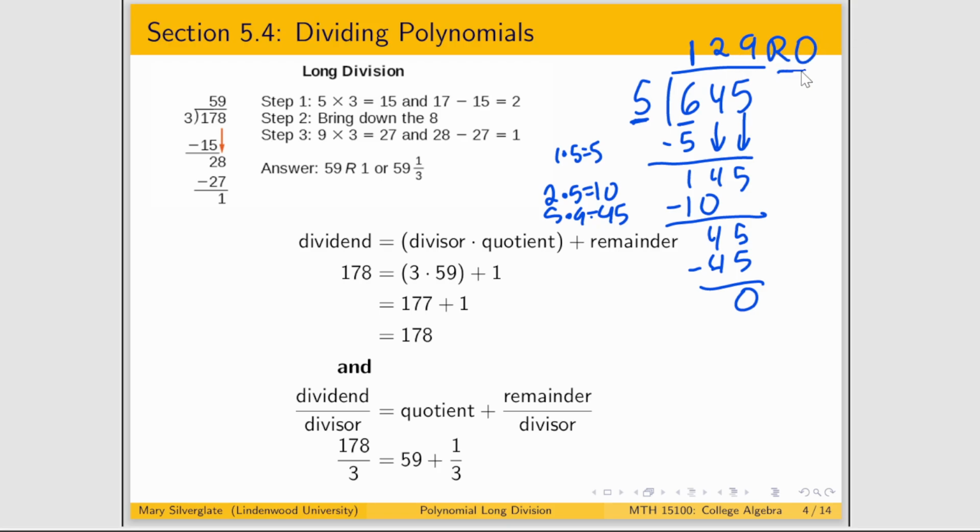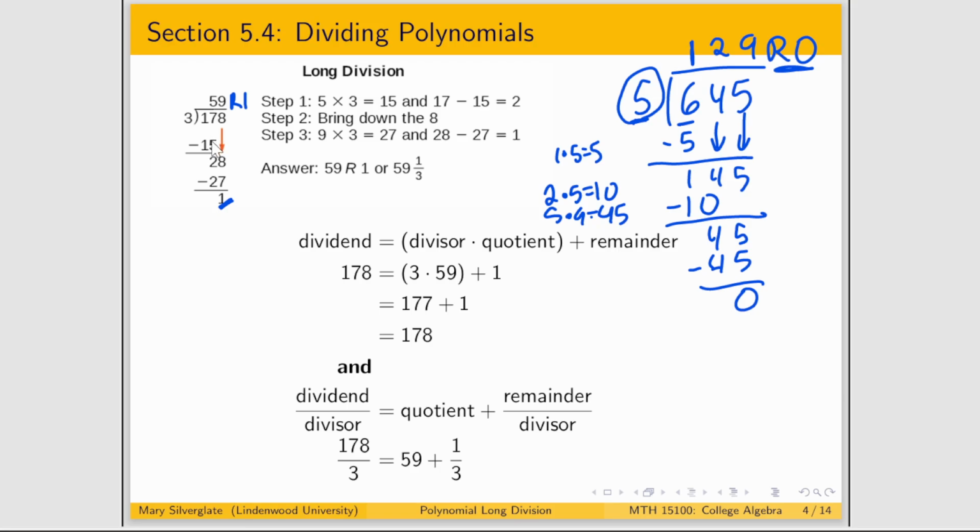The fact that we got a remainder of 0 means 5 is a factor of 645. In this other example that we have here, since we got a remainder of 1, that meant that 3 was not a factor of 178.